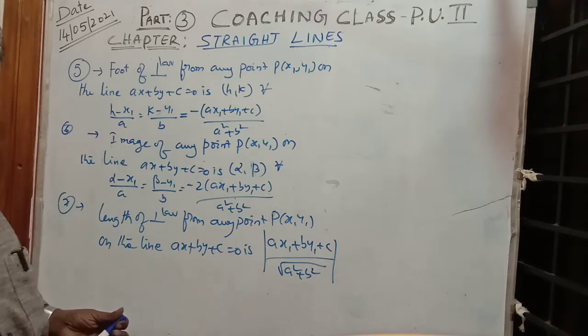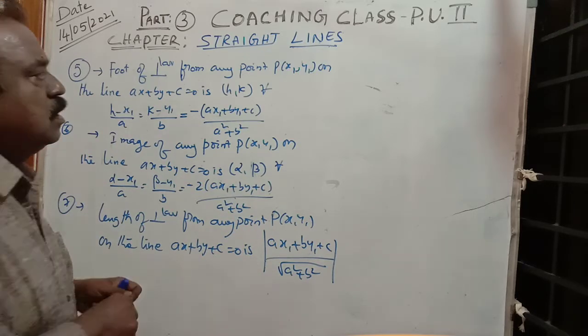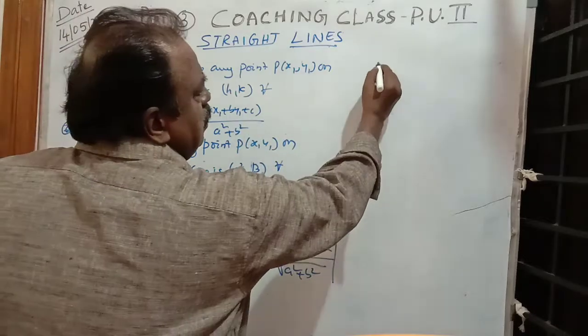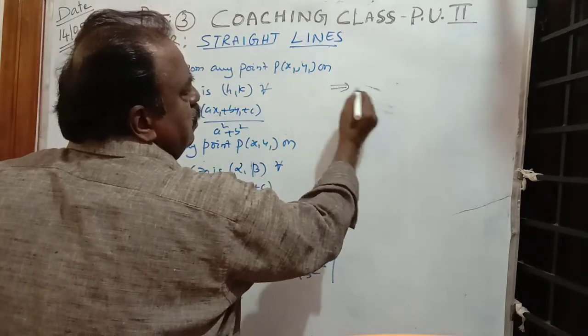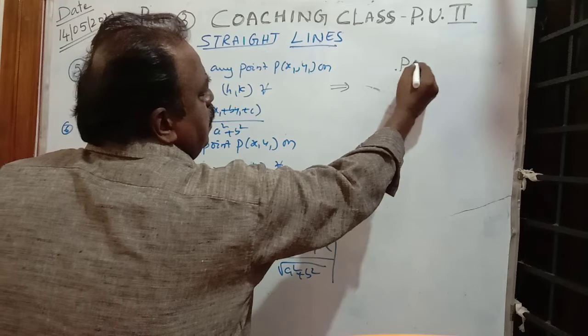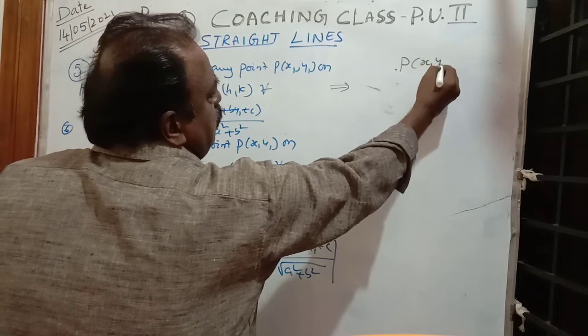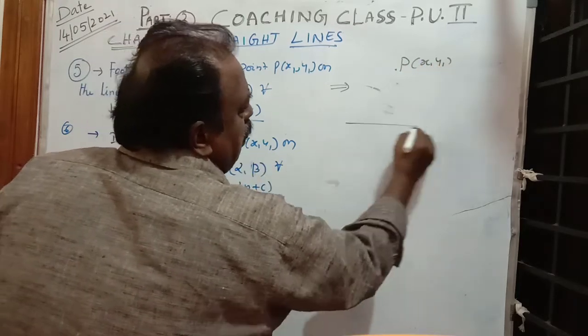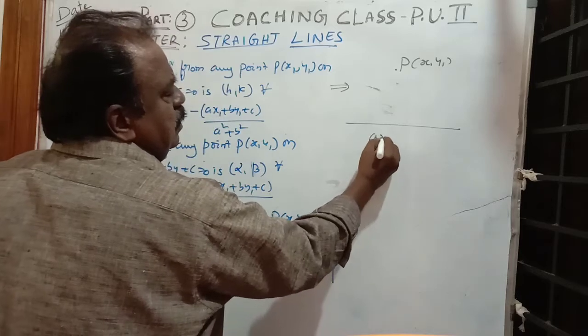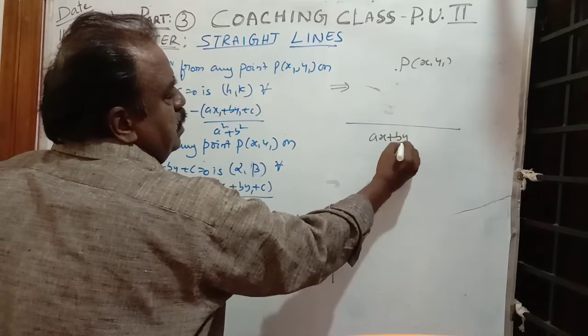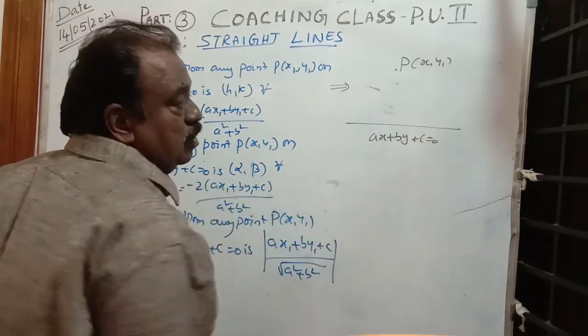Here, the concept is this. There is a point P, x1, y1, and a line, ax plus by plus c is equal to 0.